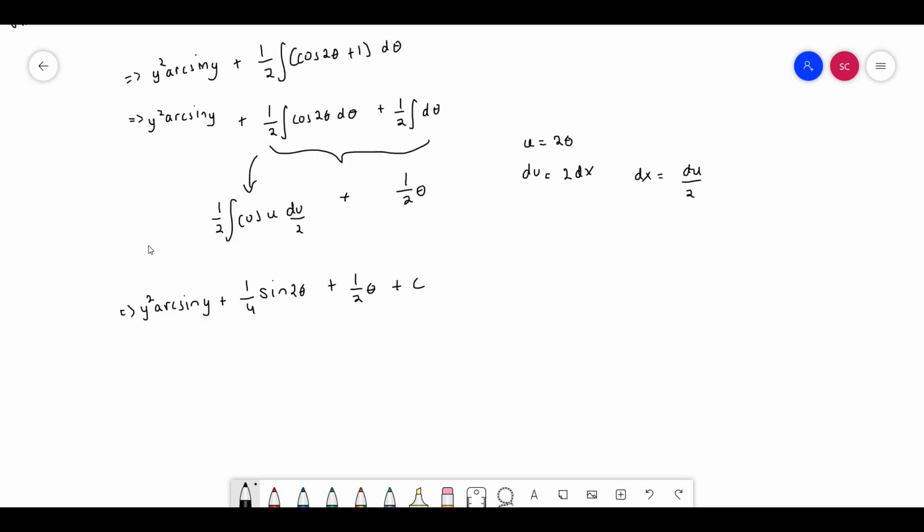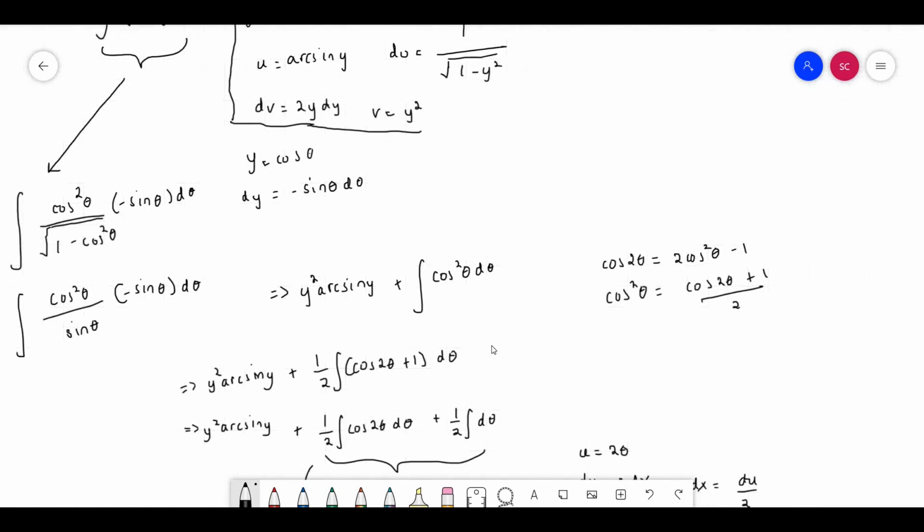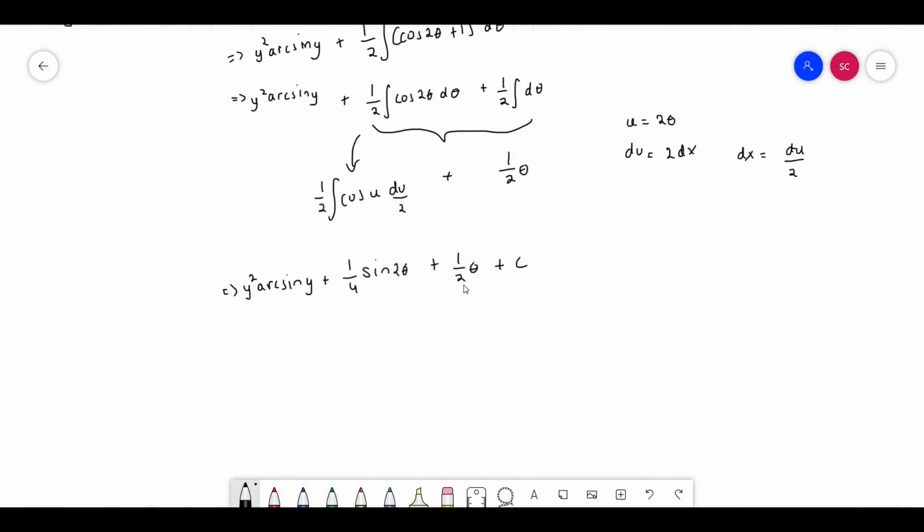Now we notice that our original question was in terms of x, but now we have an expression that's in terms of y and theta. So we have to get everything back to x, right? First, let's get these two terms which are in theta back to y. Up here somewhere, we said that y equals cos theta, right? So we can go off that and convert these thetas to y's.